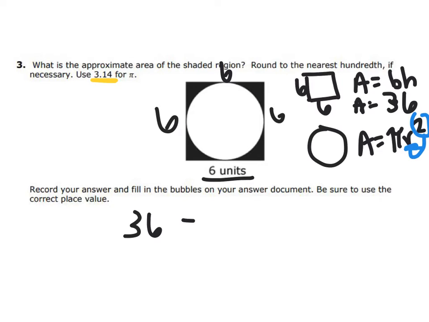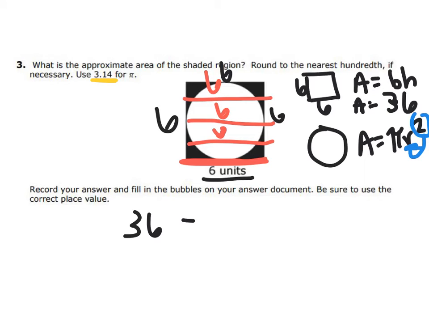Now, how do we find the radius from what we're given? Well, what we know is that this distance across the square is 6 units. Now, it's 6 units no matter where you move up or down along that square. All of these are 6. Okay.